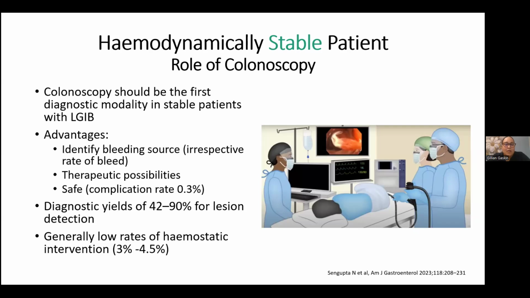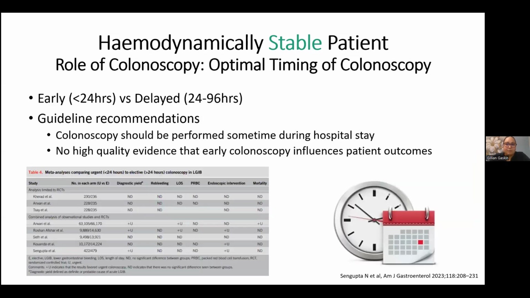It also avoids radiation and contrast exposure. And despite colonoscopy having relatively low rates of intervention, the value in detecting an etiology of the bleeding is critical. It helps to determine subsequent management, triage, and subsequent follow-up of the patients, obviously depending on the underlying diagnosis.